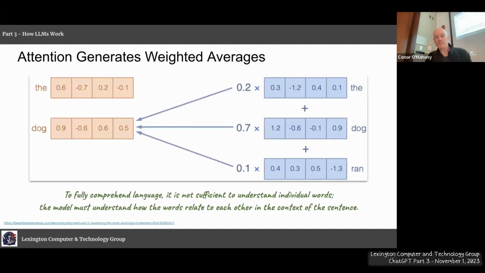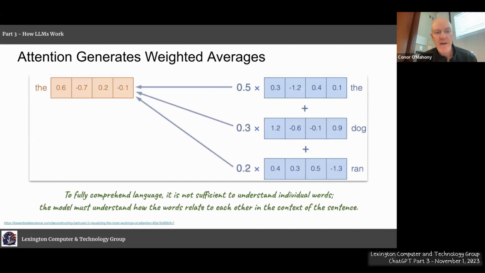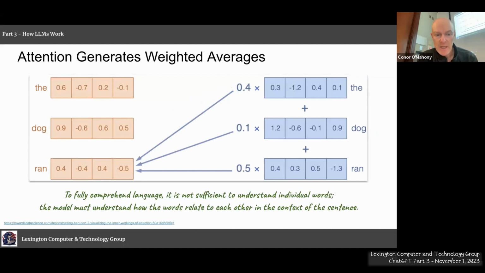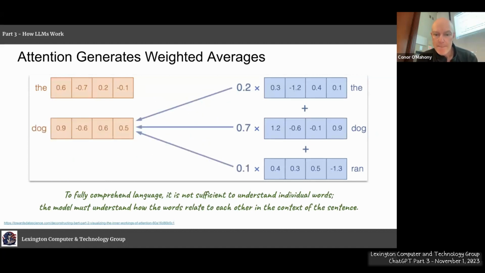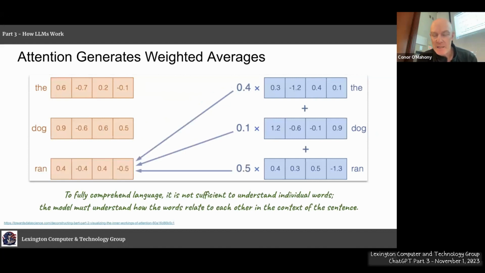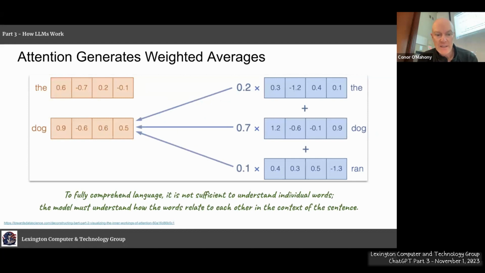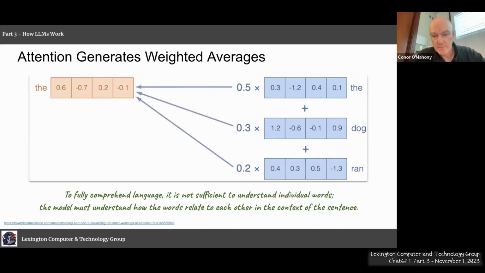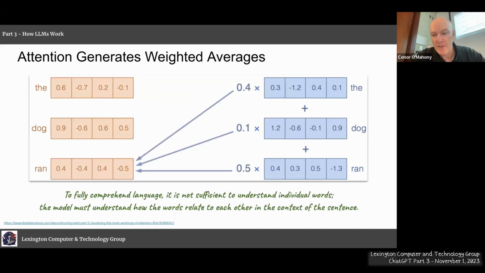This one here. So again, we're imagining that the numbers have 4 values in the embedding. And what we're doing is taking the resulting weighting for each of the words. And then we're essentially coming out with weighted averages.